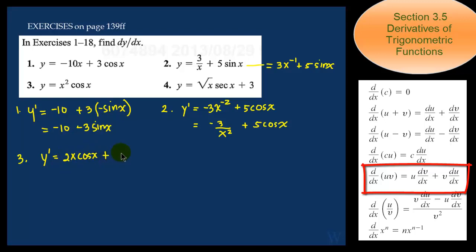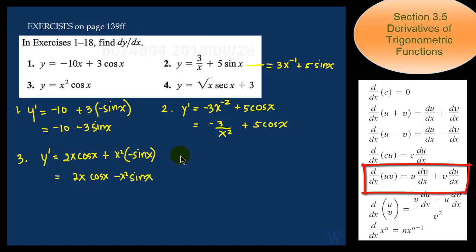Then this time you add the product of x squared times the derivative of cosine, which is negative sine of x. So that will be equal to 2x times cosine x minus x squared times sine of x.